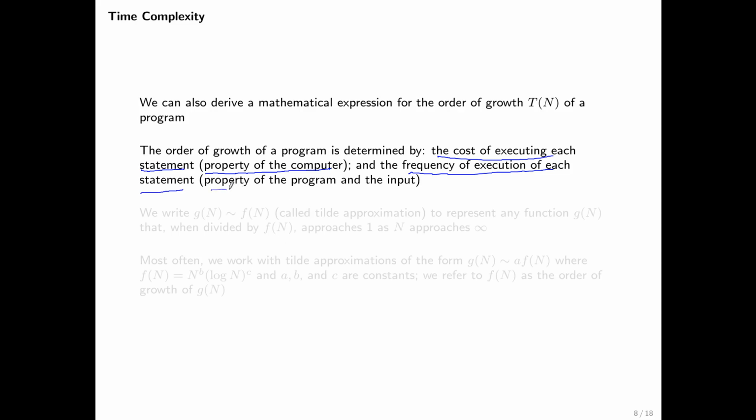And that, it turns out, is a property of the program and the input, and does not depend on the machine on which you're running the program. So this is a very important idea. Let me repeat this. What we're saying here is that the order of growth of a program is determined by the time that it takes to execute each statement, which is system or computer dependent, and the frequency of execution of each statement, meaning how many times a statement executes, which is a property that is independent of the computer, and it only depends on the program and the input.